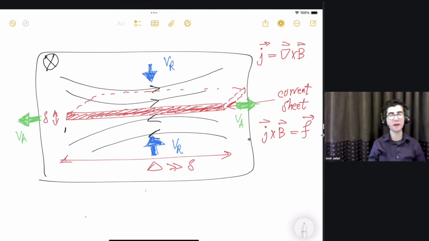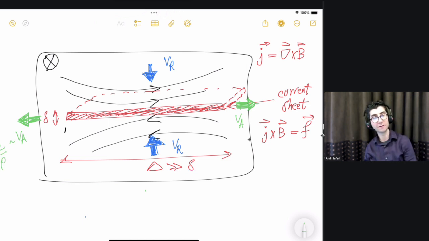What is VA? VA is the Alfvén velocity, which is basically magnetic field divided by the square root of density of plasma. Depending on the units you are working with, SI, Gaussian, whatever, there's going to be like 4 pi's, mu's, etc. in these equations.